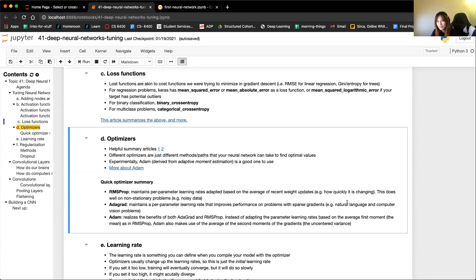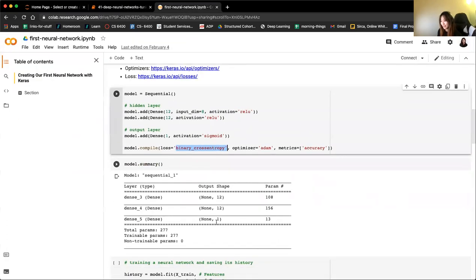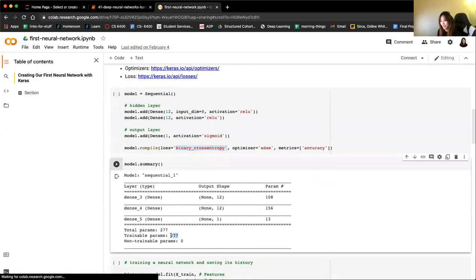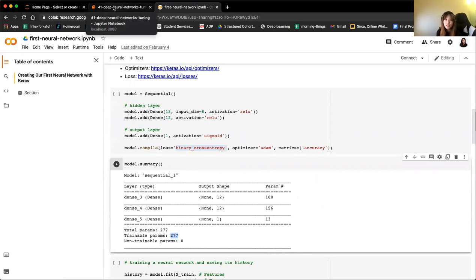Because if you have a constant learning rate of like 0.01 for all the parameters, and by parameters, I mean even in this small neural network, I have 277 parameters. If they all have the same learning rate, that means their weights can only be adjusted by so much every time. So it makes sense that different parameters have different learning rates, so that for different changes your neural network is seeing, you can adapt better.